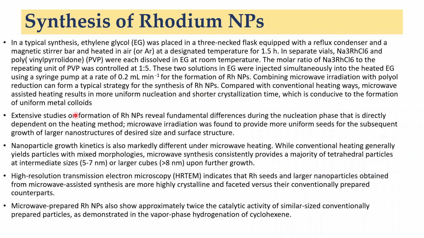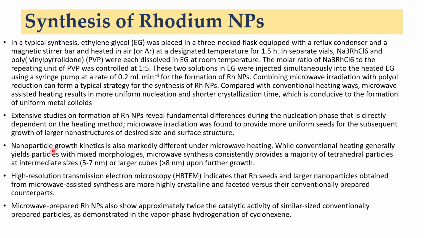Extensive studies on formation of rhodium nanoparticles reveal fundamental differences during the nucleation phase that are directly dependent on the heating method. Microwave irradiation was found to provide uniform seeds for subsequent growth and larger nanostructures of desired size and surfaces.